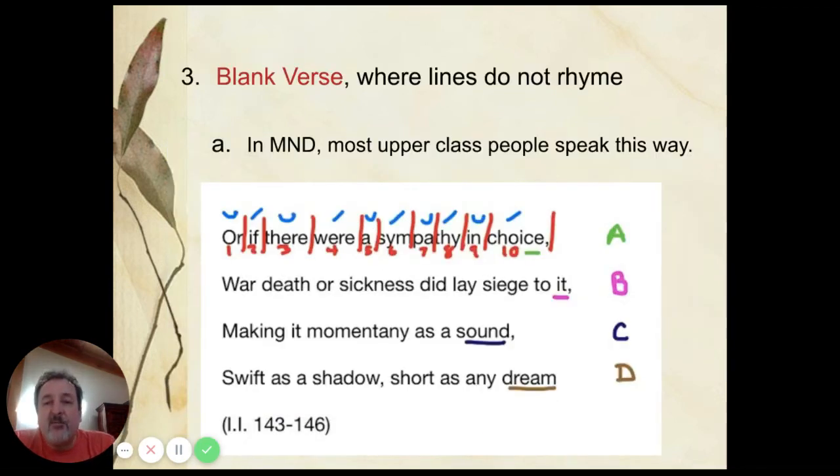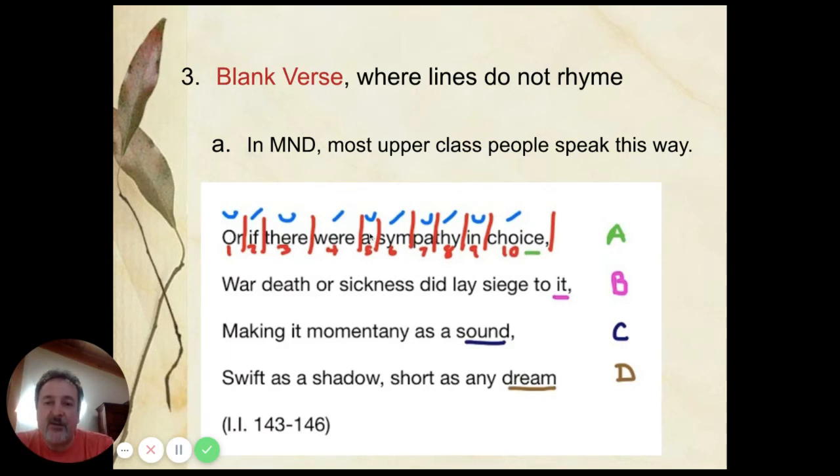The other type of poetry you'll see in the play is blank verse. Much like what we just saw, it has rhythm and meter, but it does not have a rhyme scheme. And you'll see that upper class people in the play generally speak this way. All right?